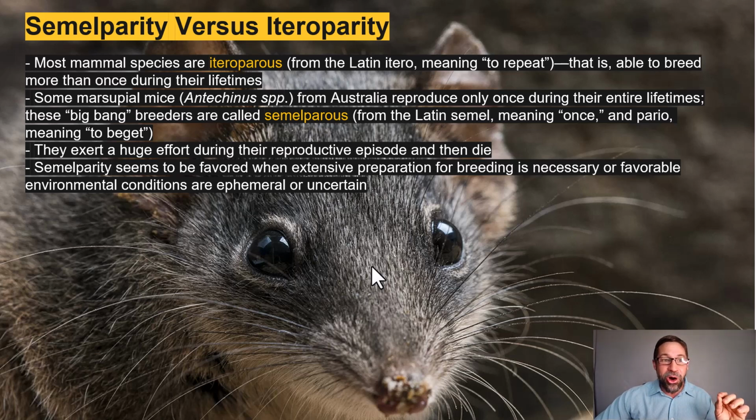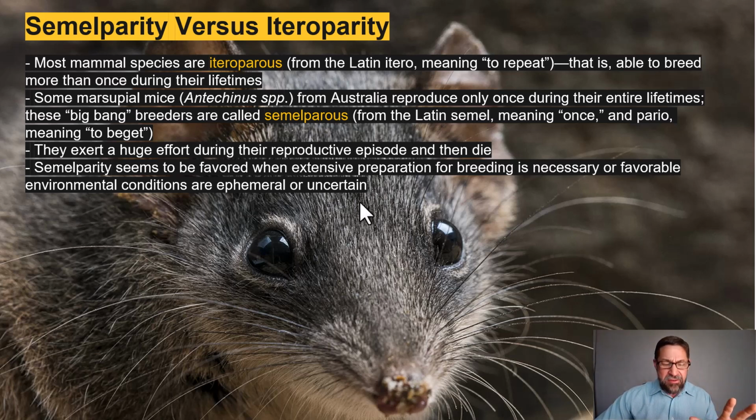These are what we call Big Bang breeders. So they're semelparous, from the Latin word semel, meaning just once, and pario, meaning to beget offspring. So they're going to exert this huge effort during their one reproductive episode, and then they die.